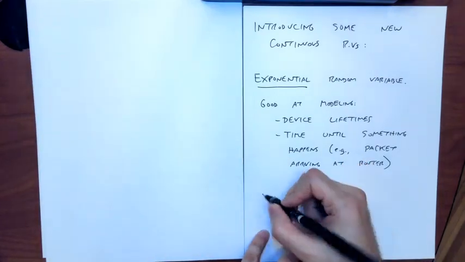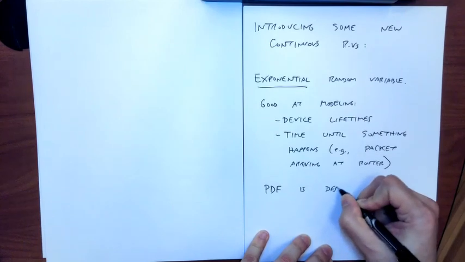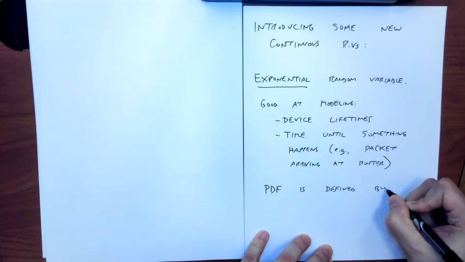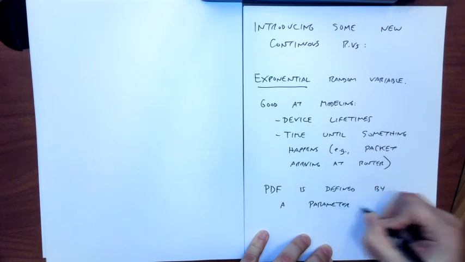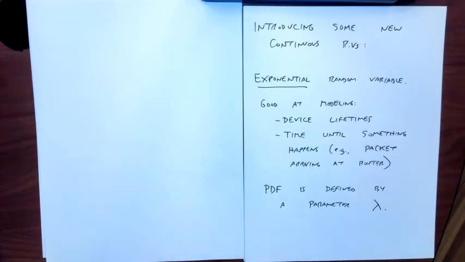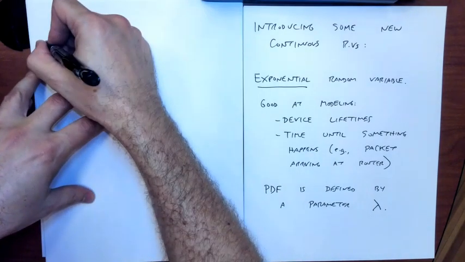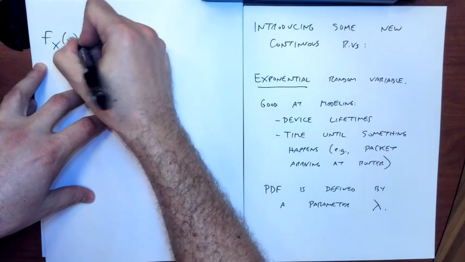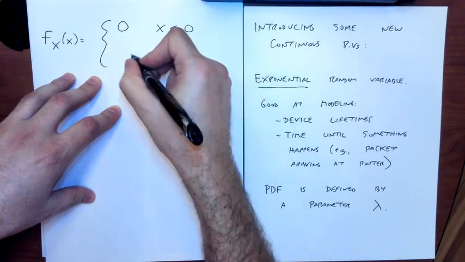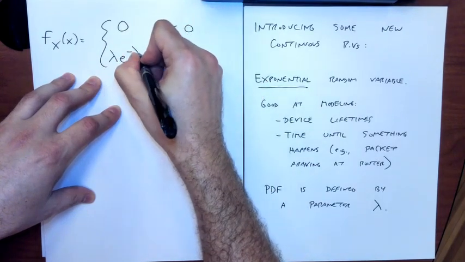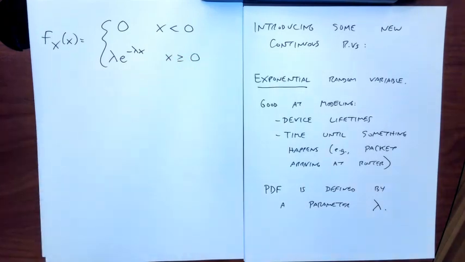So the PDF is defined by a parameter which conventionally we call lambda. This is going to be 0 when x is less than 0, and it's going to be lambda e to the minus lambda x when x is positive.